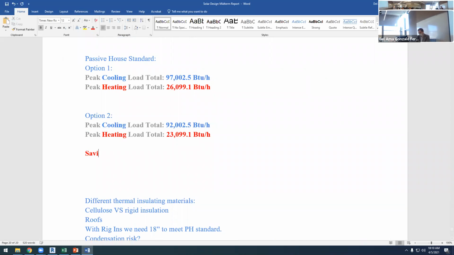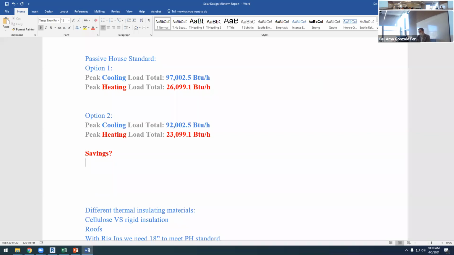Savings. So what are the savings? It's 97 minus 92, divided by 97, and if we multiply by 100, this is the percentage of savings that we have here.